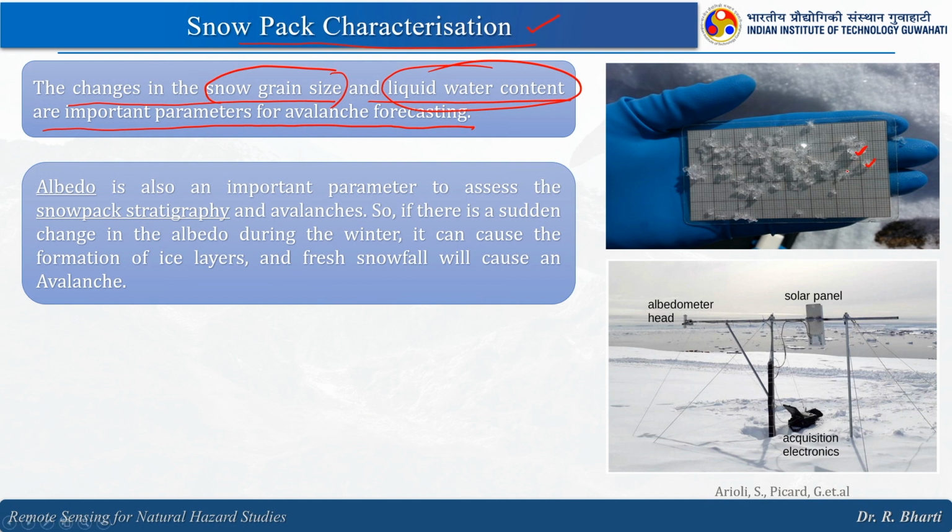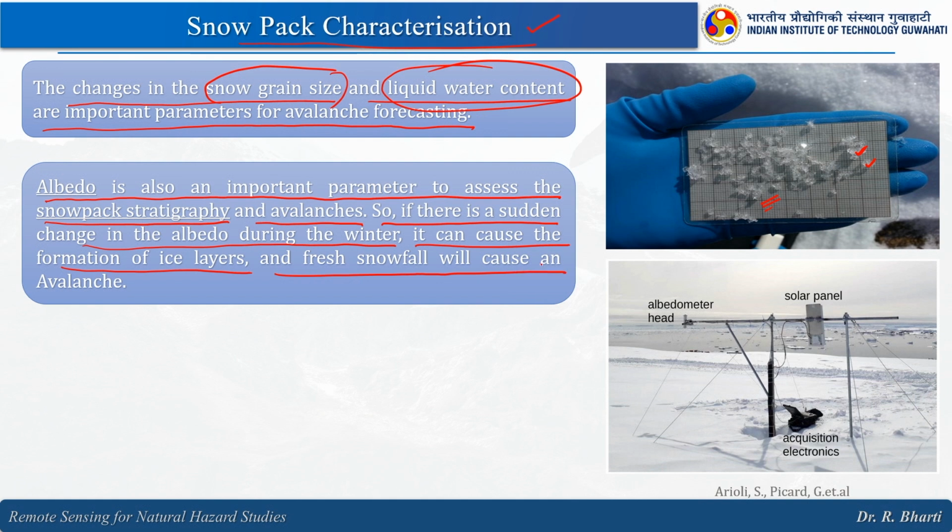You can easily understand this looks like a wet snow, right. So albedo is also an important parameter to assess the snowpack stratigraphy and avalanches, right. If there is a sudden change in the albedo during the winter, it can cause the formation of an ice layer, and fresh snowfall will cause an avalanche.